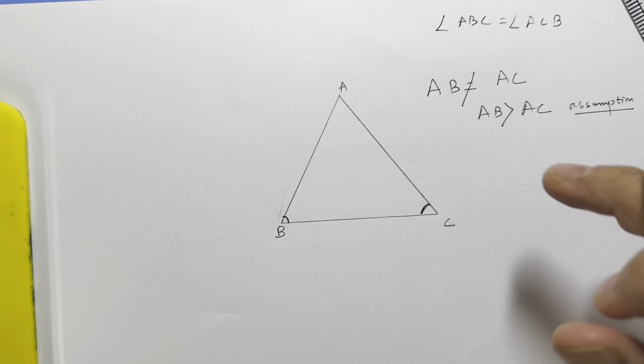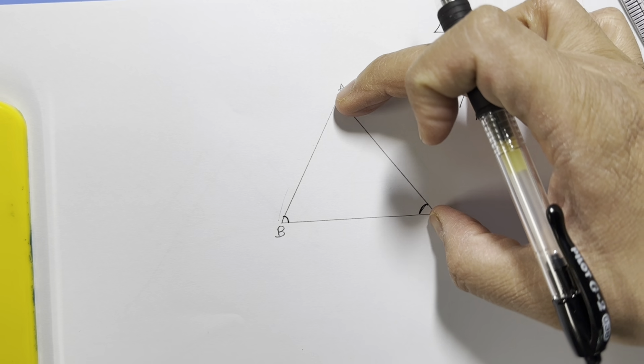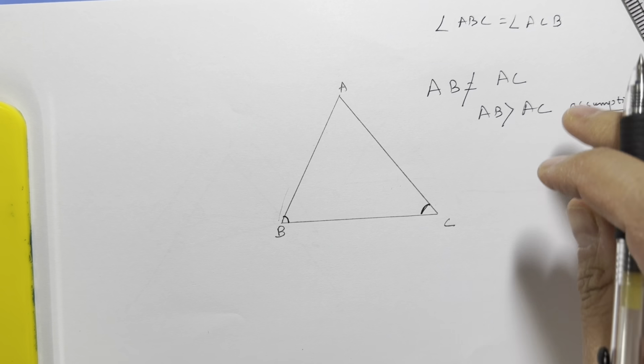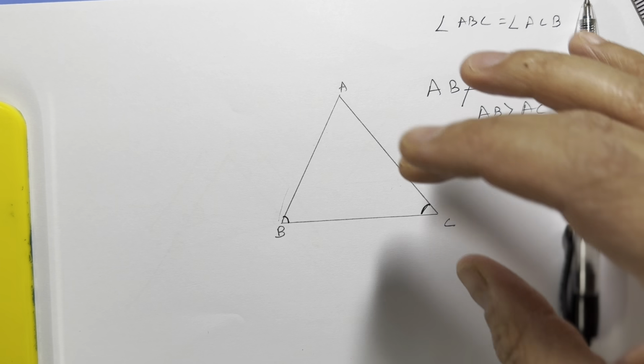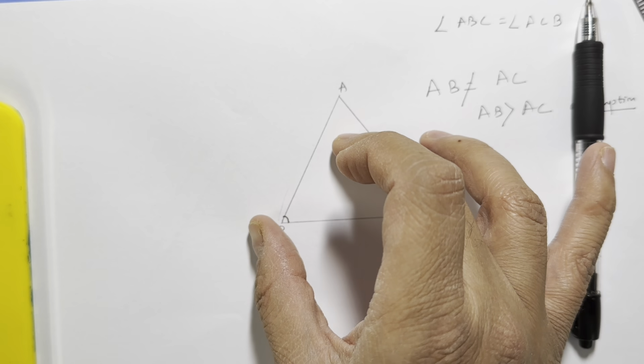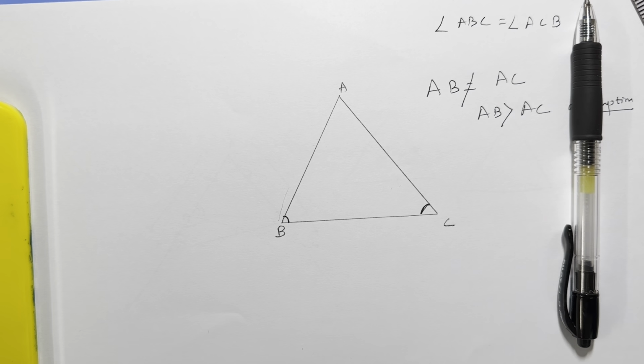Then he says take AC and mark it on AB. So suppose, and that we know from one of the propositions, that we can take a smaller line and take that length and build it on a longer line. So that is possible from proposition number 3. Proposition number 3 is used both in proposition number 5 as well as in proposition number 6.